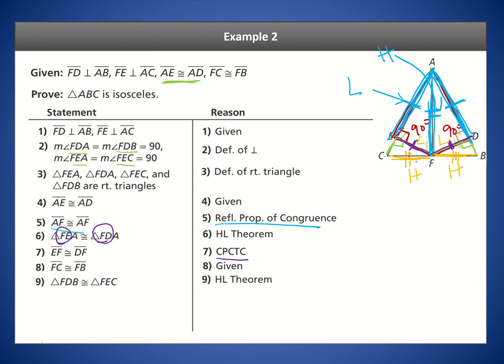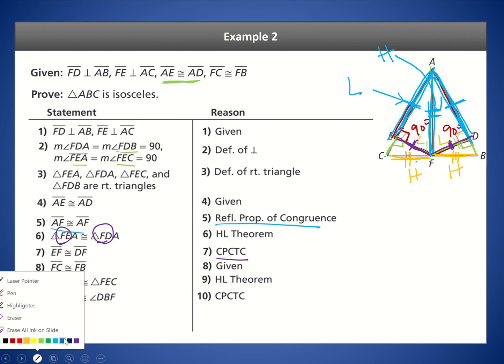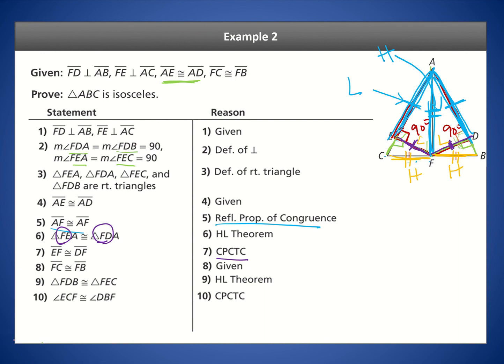And so now that we know that those two triangles are congruent, we can use the CPCTC, corresponding parts of congruent triangles are congruent, to claim that finally, and let's use another color here, we can claim that ECF, which is this angle right here, is congruent to DBF, this angle right here. And now that we know that those two angles are equal, we know that this is an isosceles triangle.